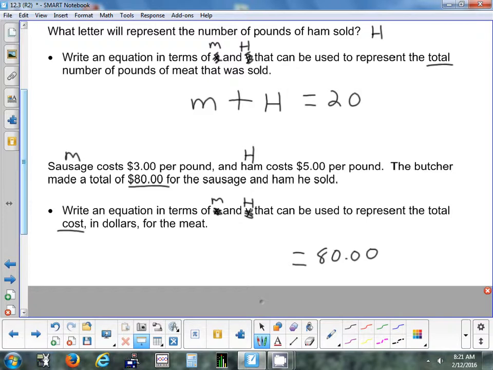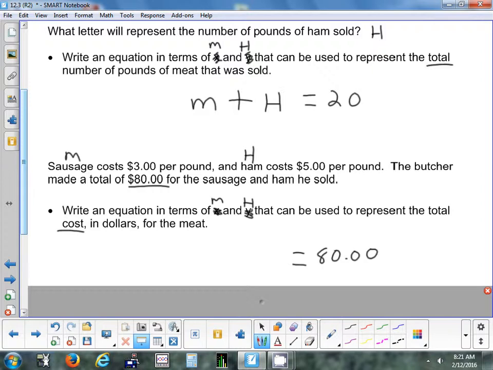If you add 2 and 3, you get 5, not 6. You times them, right? What if the butcher sold 3 pounds of sausage? How much money would he have made? 9. And what's 3 times 3?